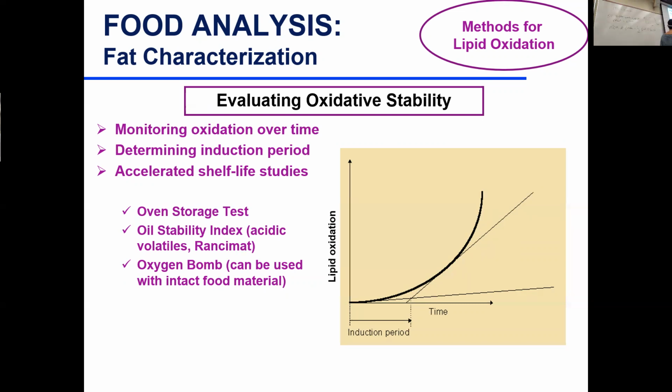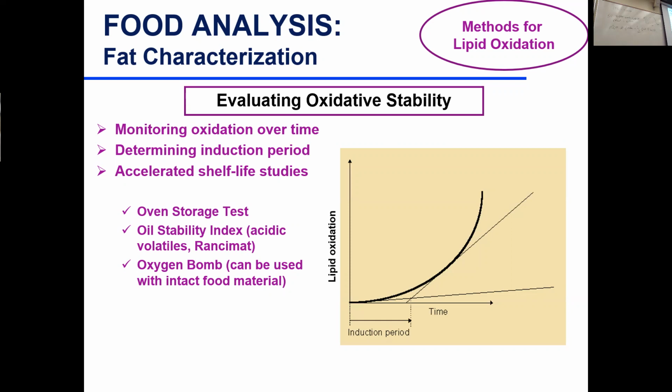So here there's a term called induction period. What is the induction period? Here on this graph, you have on the y-axis lipid oxidation, and then time of storage. The oil, for example, or the fat can store well for a certain period of time, and then it starts to oxidize.